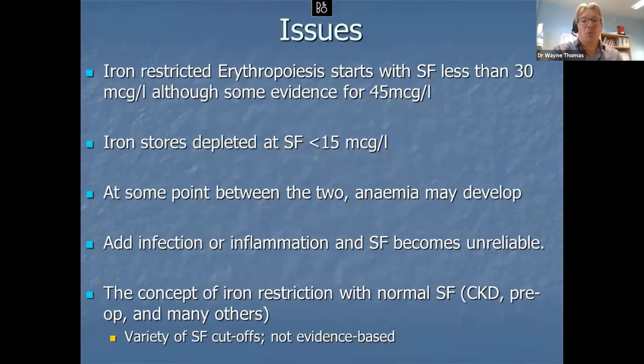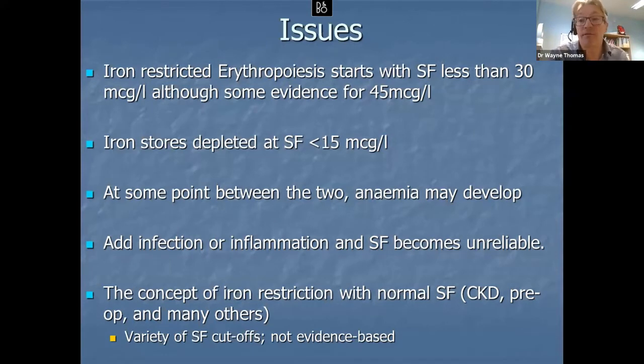So, what are the main issues? Well, the problem is that we know that there is a point below which ferritin, that's barn door, is going to be absolute iron deficiency. But somewhere above that, you've got adequate stores moving into inadequate stores that aren't quite sufficient to meet the needs of the hemoglobinization of the red cells. Where is that cutoff?